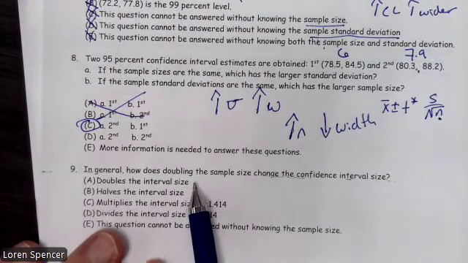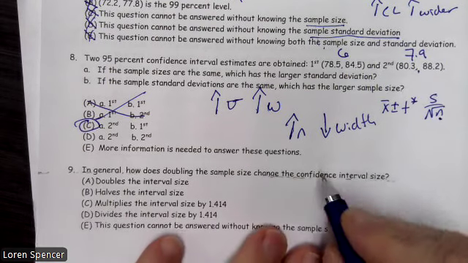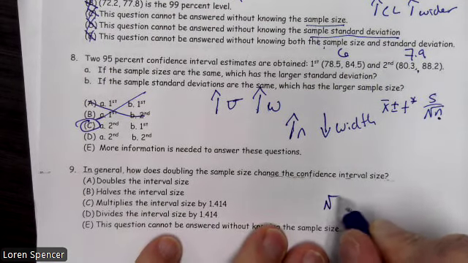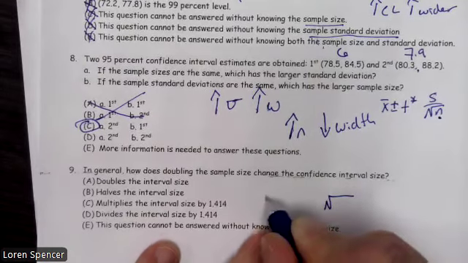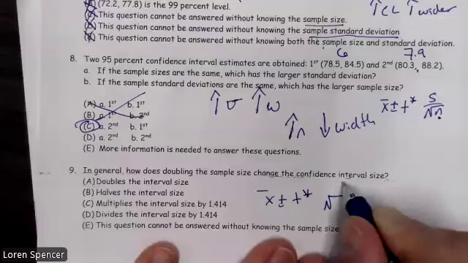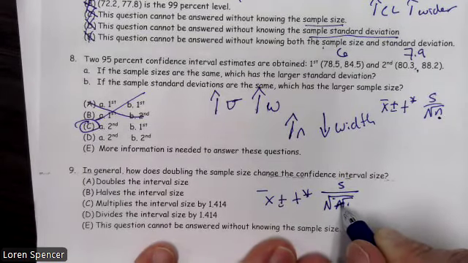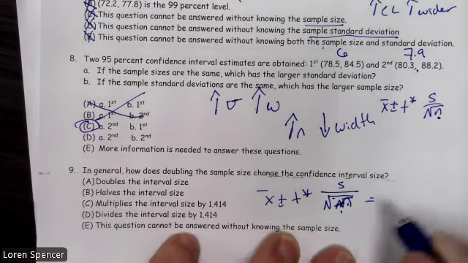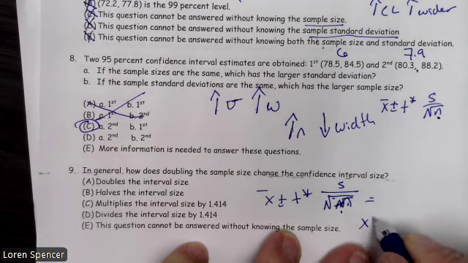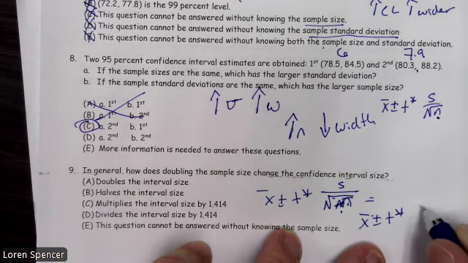In general, how does doubling the sample size change the confidence interval size? Well, let's say I have my formula, X bar plus or minus T star S divided by the square root of N. And instead of N, I'm going to say it's X bar plus or minus T star S divided by the square root of 2.